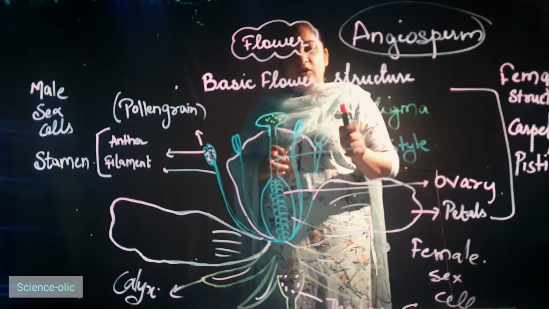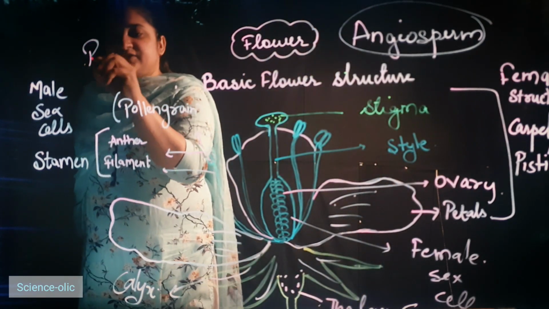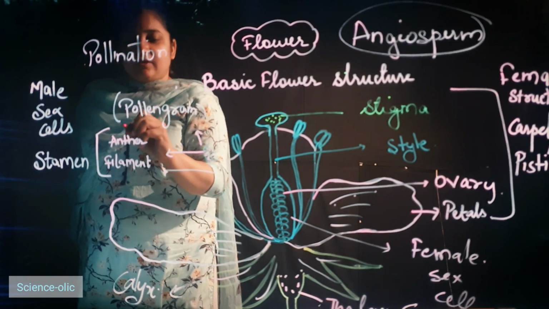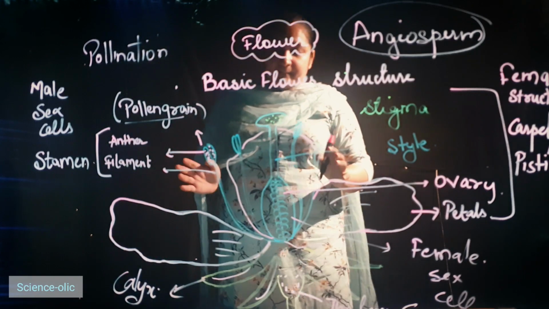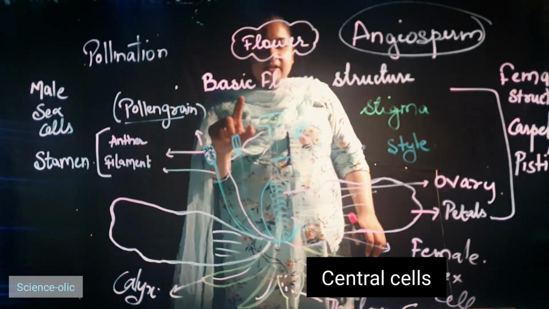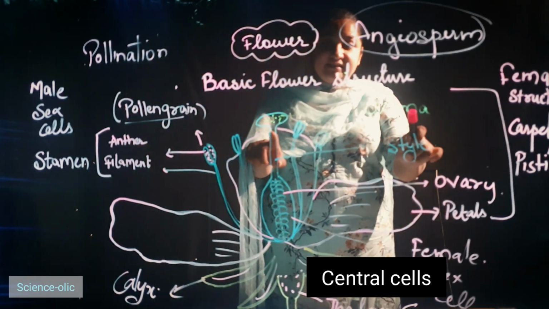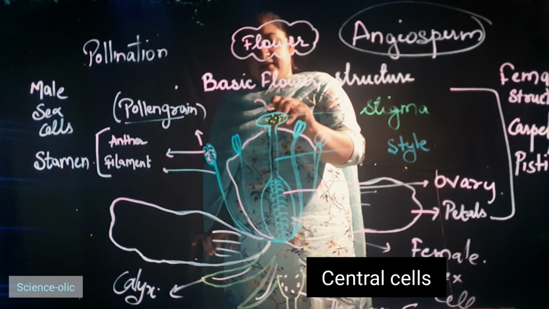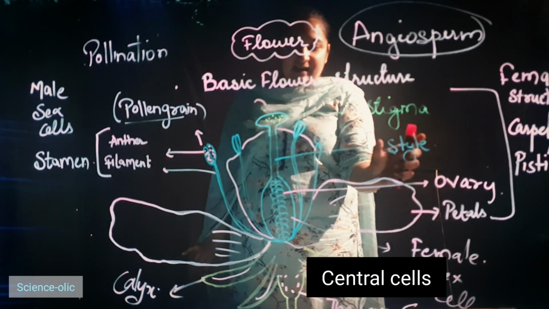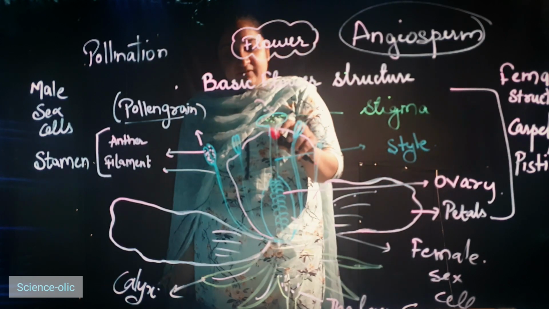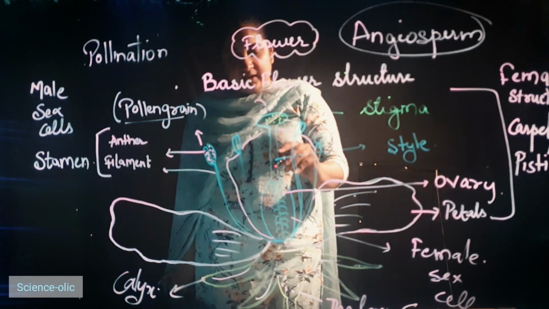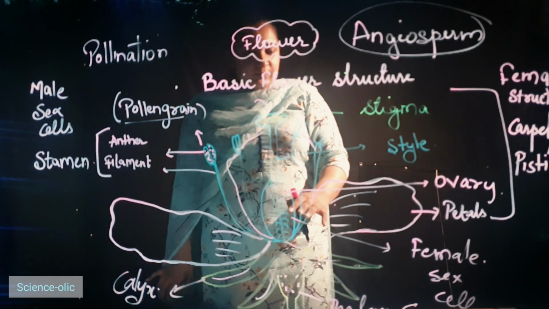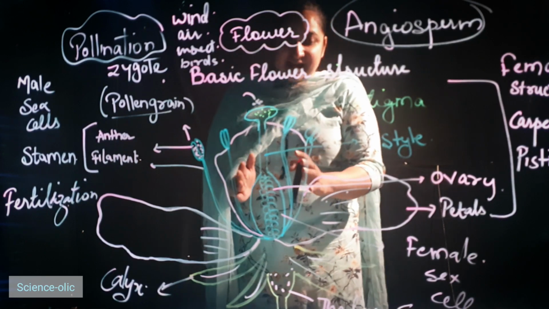Next comes pollination. The word pollination is from pollen. The mating of pollen grains with the central cell and forming of the zygote is known as fertilization.